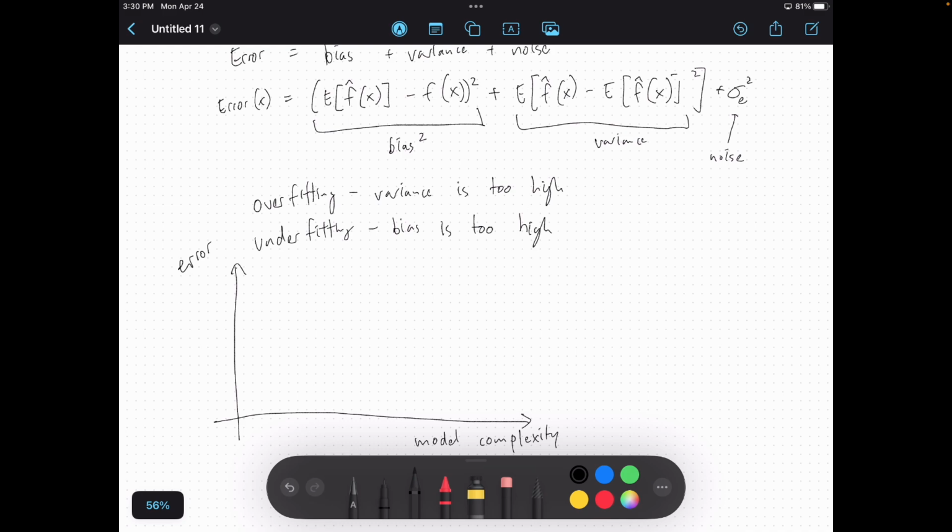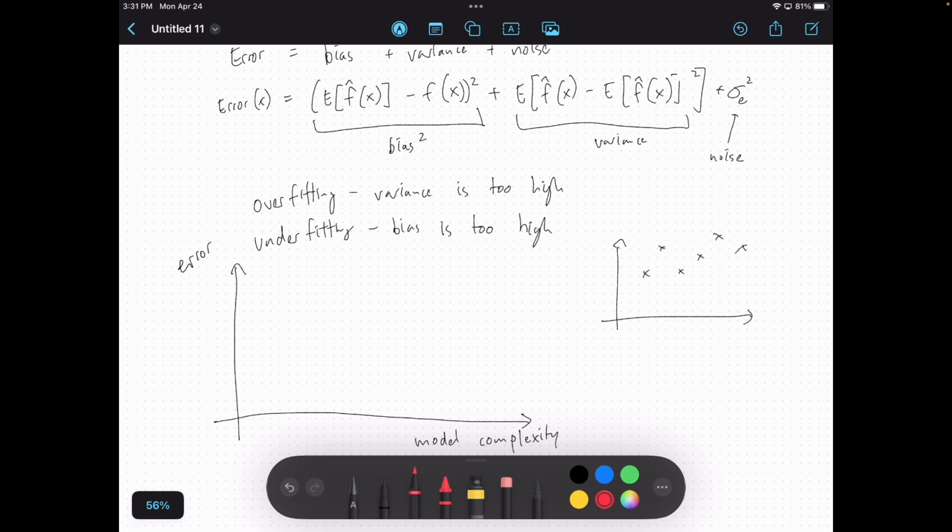So what do I mean when I say model complexity? The idea here is in my example where I fit a line through something and then I start getting more squiggly and I pass through more points. You can imagine as you get more and more squiggly, let's say I have points like this.